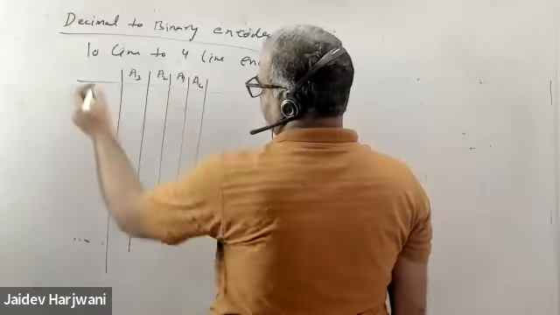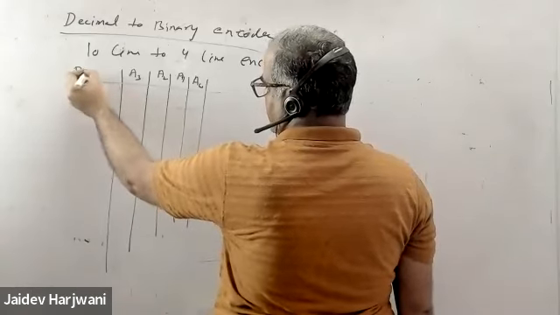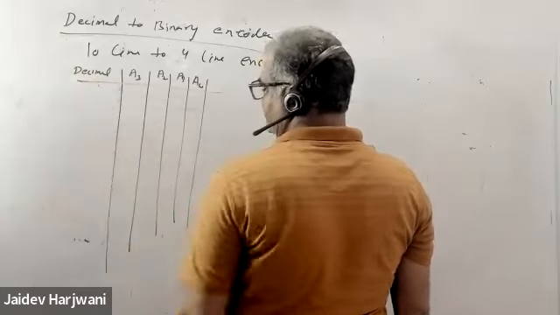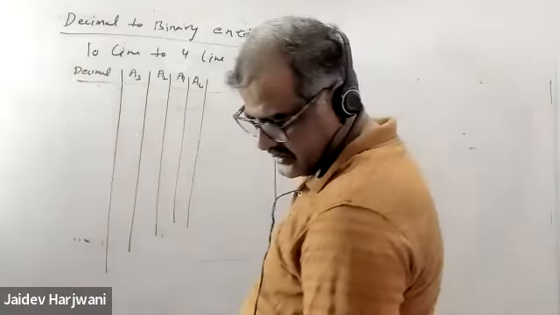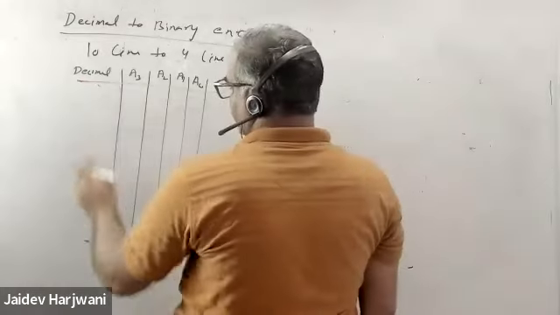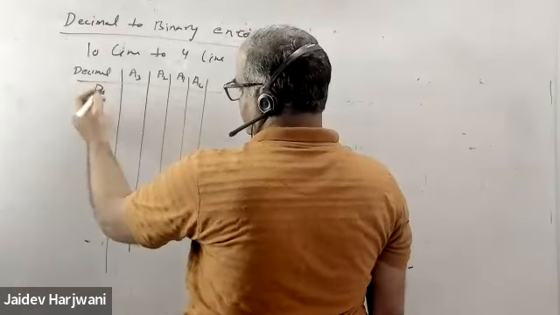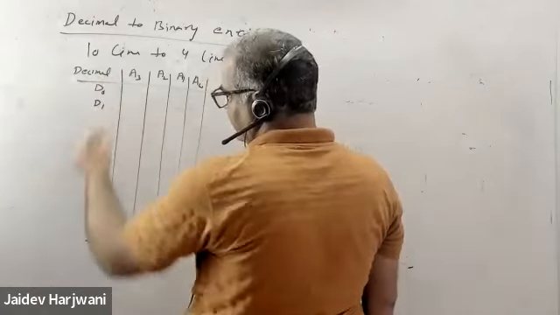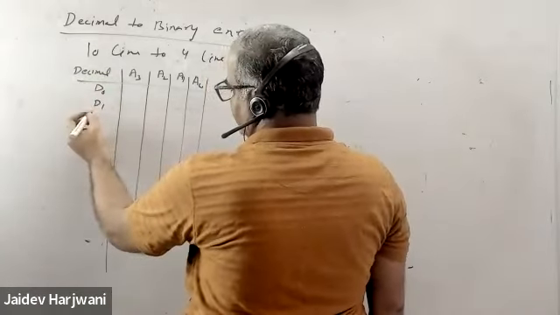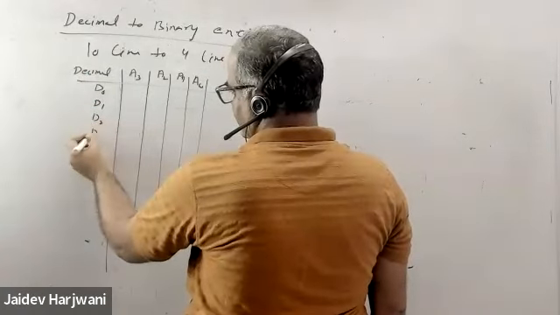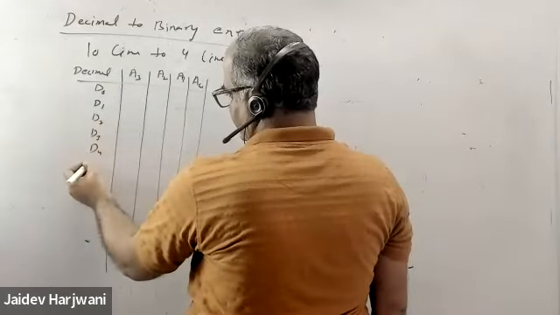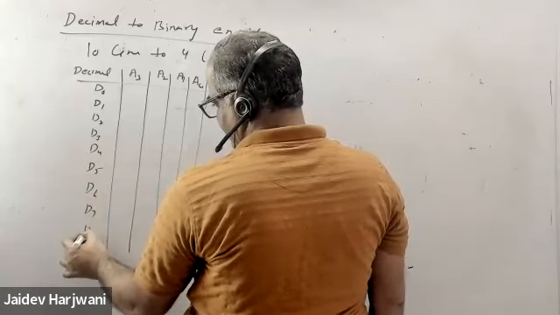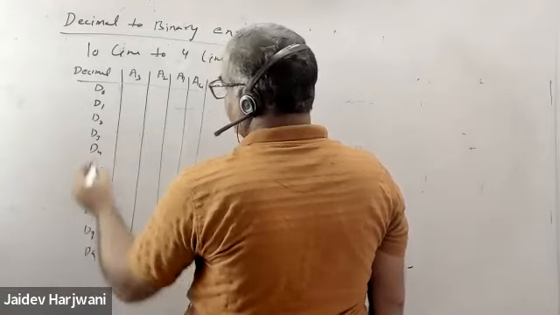Here you have decimal. The digits will be D0 to D9, so I'm adding D0 also: D0, D1, D2, D3, D4, D5, D6, D7, D8, D9.